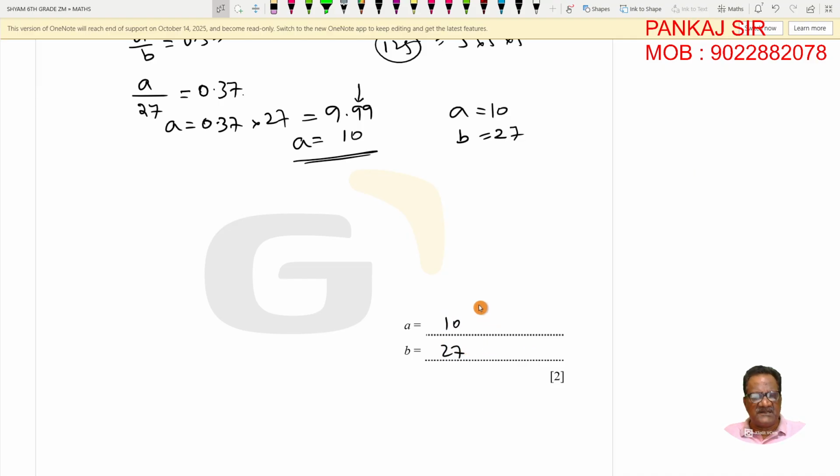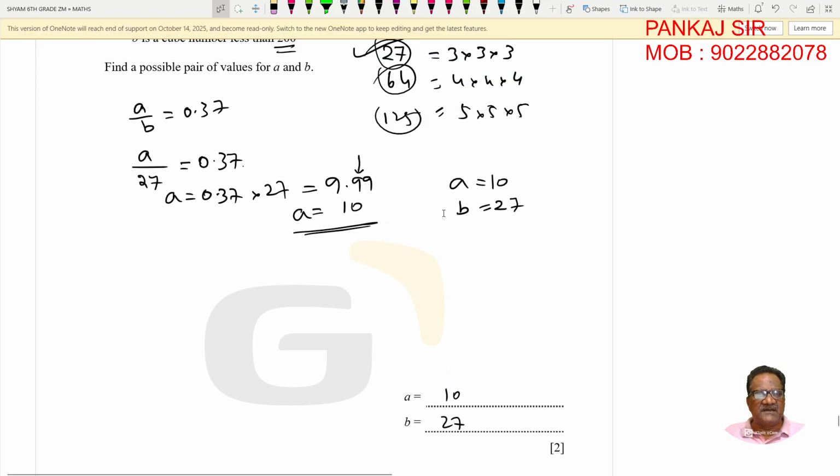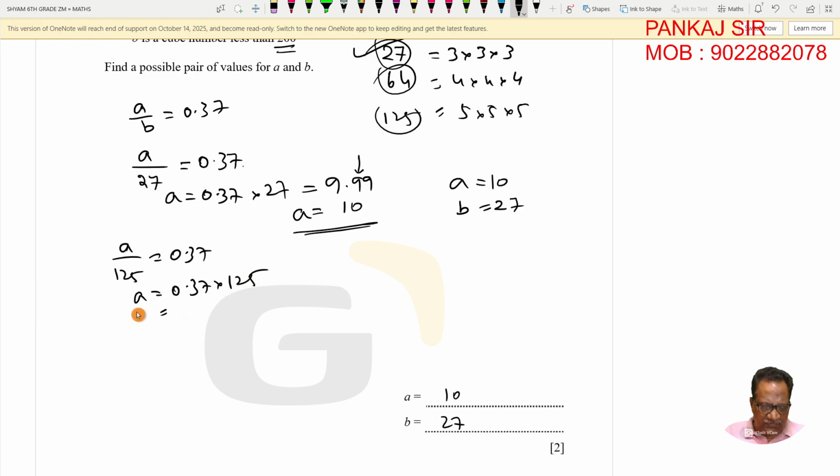Another pair, suppose you take B as 125. You can take that because B has to be less than 200 and it should be a cube number. So A upon 125 equal to 0.37. Now in this case A will be 0.37 times 125, and this works out to 46.25. But you should round to 2SF.